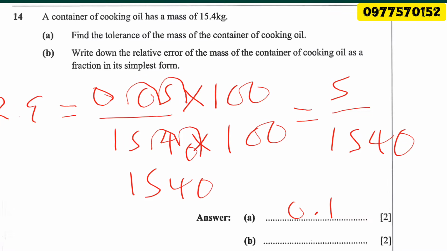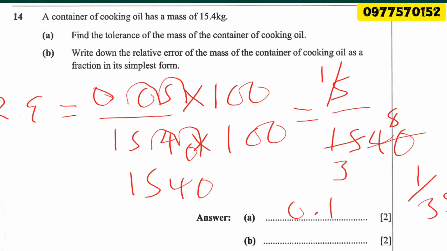Then we are told to leave it in its simplest form. 5 into 5 is 1, 5 into 1540 is 308. I think I've made a mistake here, sorry.